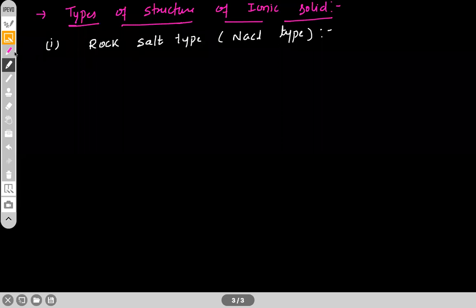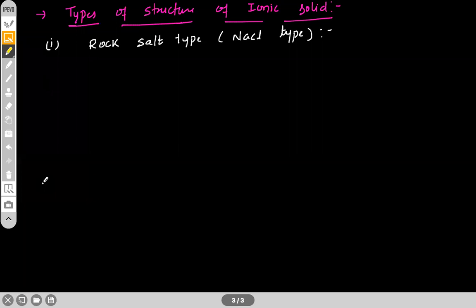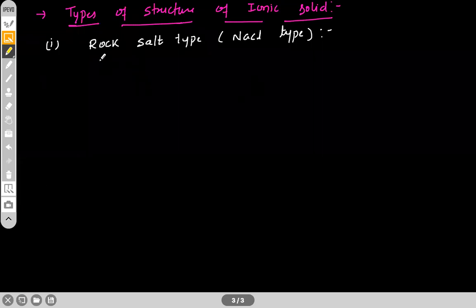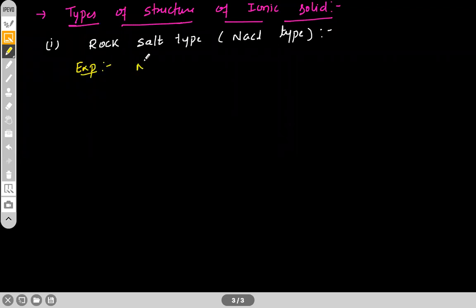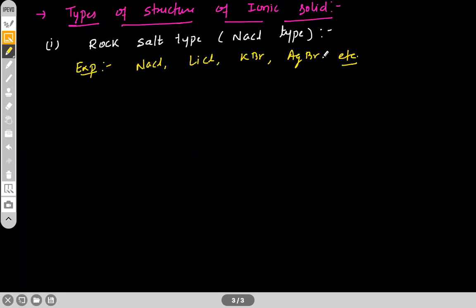Examples of this type of structure: obviously, we have NaCl because it is NaCl type, we have LiCl, KBr, AgBr, etc. All these molecules are of NaCl type structure, rock salt type structure.